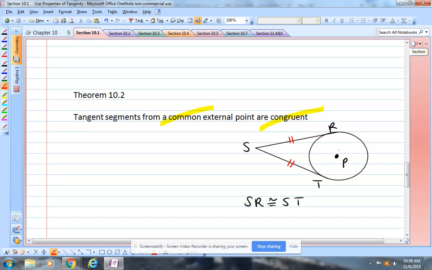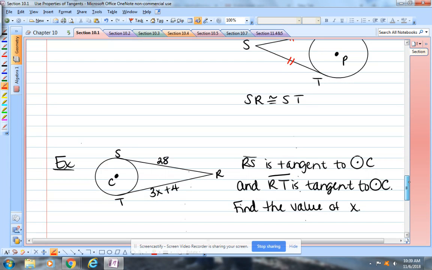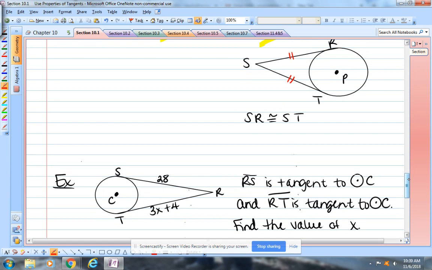So back to our notebook paper, we're going to work a problem dealing with this, and it's really simple. I'll do it like this for a second so y'all can see both pictures, hopefully. You don't have to write this.